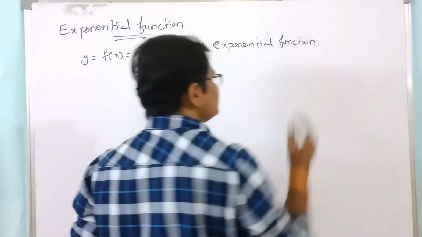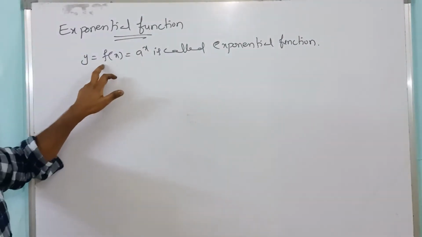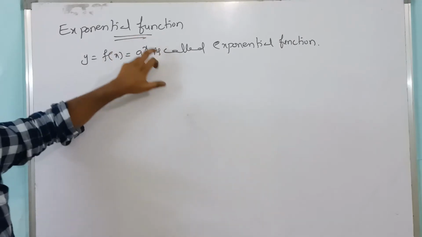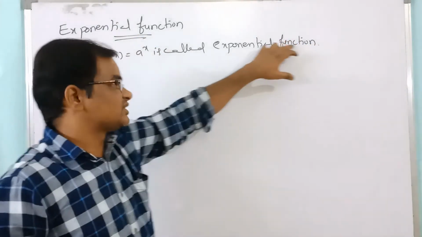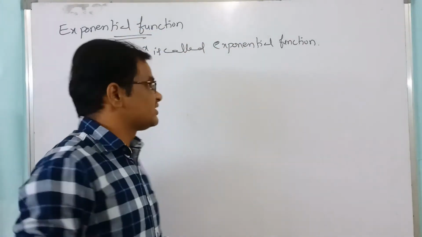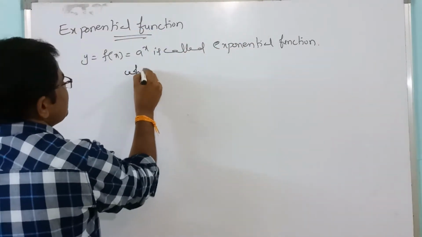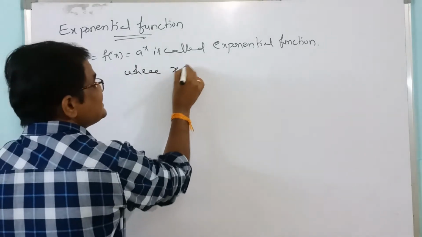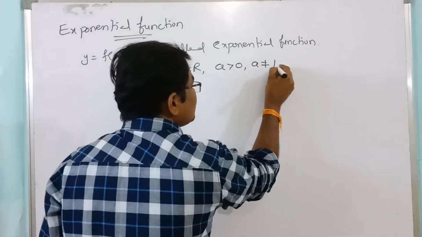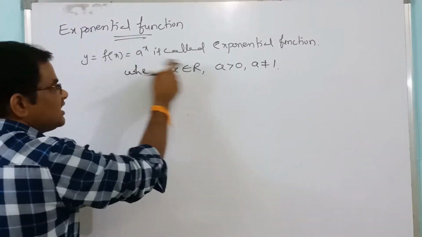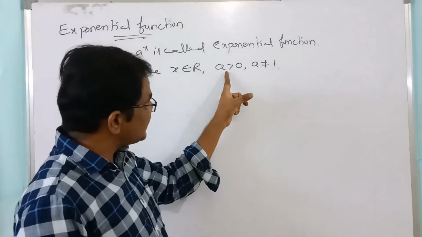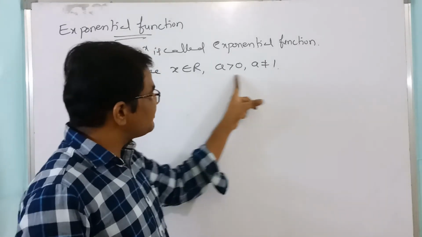Means a function which is in the form of a power x is called what? Exponential function. Where here the condition is important, where x is a real number and a greater than 0, a not equal to 1. If you take a equal to 1, for all the real numbers it is equal to 1 only. So a not equal to 1, and a greater than 0.